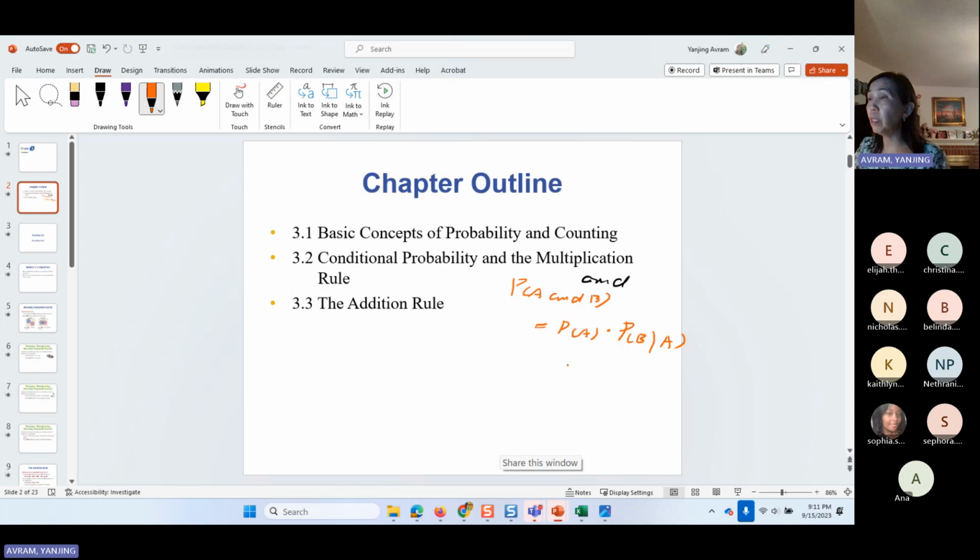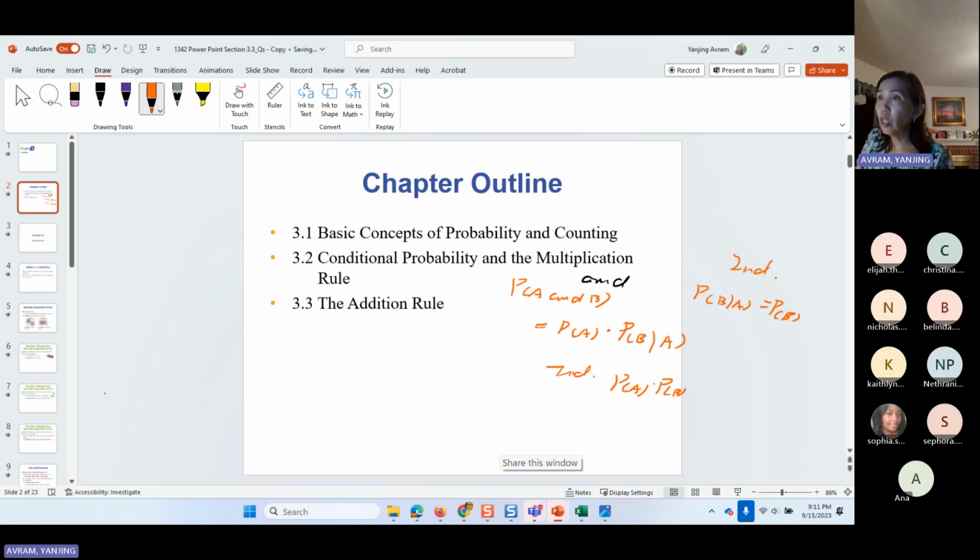If it's independent, you just use the probability of A times the probability of B, because for independent events the probability of B given A has already happened is just equal to the probability of B.